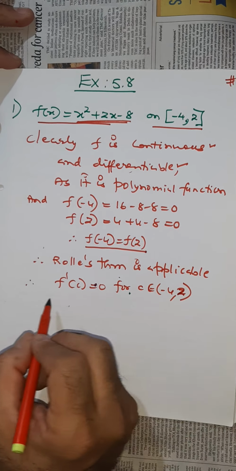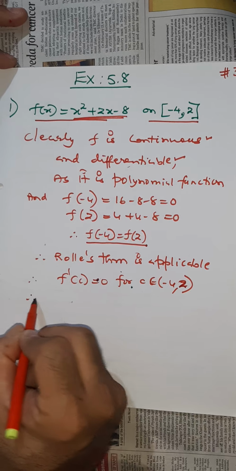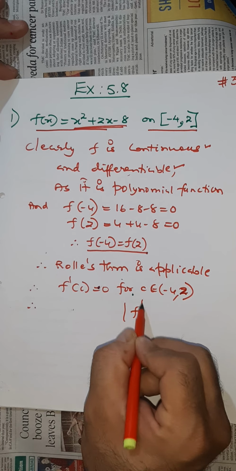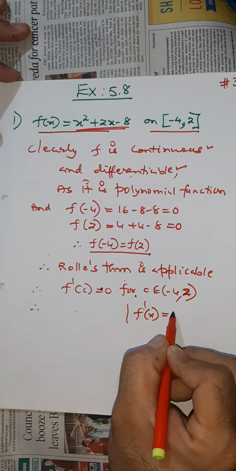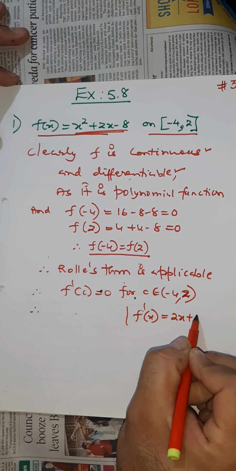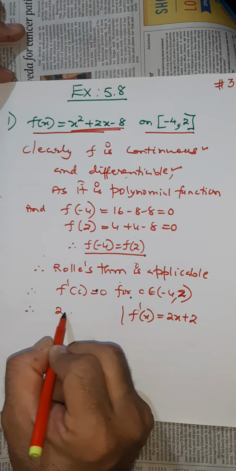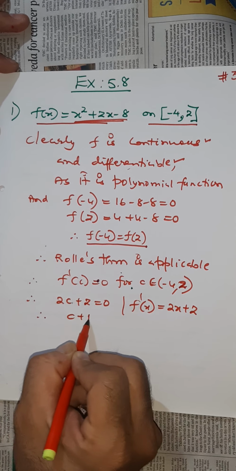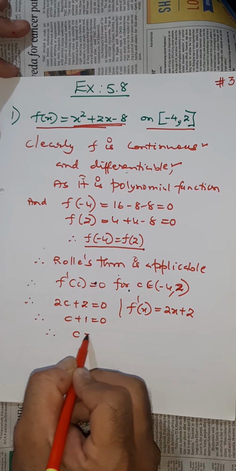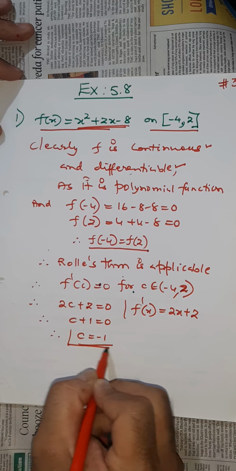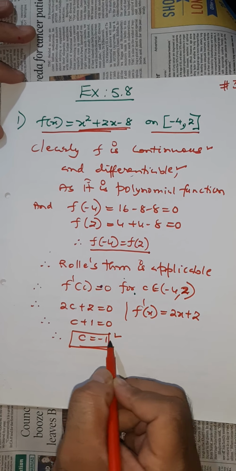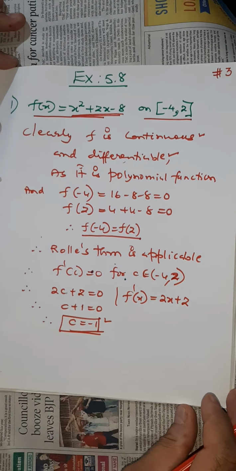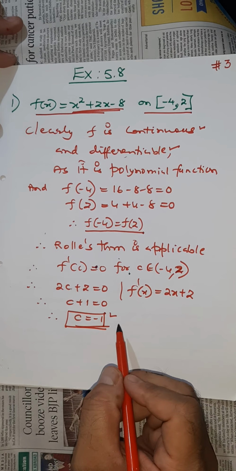So what is f dash c? First get f dash x. What is f dash x? 2x plus 2. So here 2c plus 2 equals 0. And therefore c plus 1 equals 0, and therefore c is minus 1. So this is the point. If c equals minus 1, then the tangent is parallel to the x-axis.